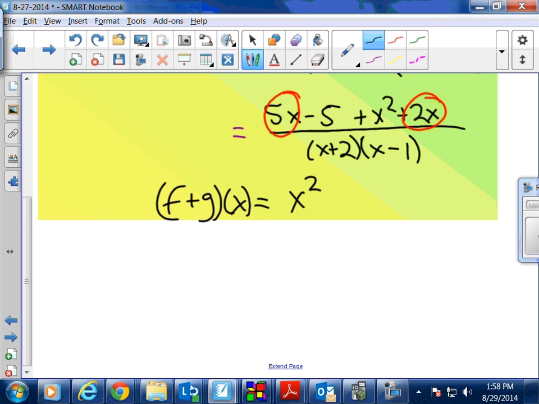So I'll end up with x squared plus 7x minus 5 over x plus 2 and x minus 1.